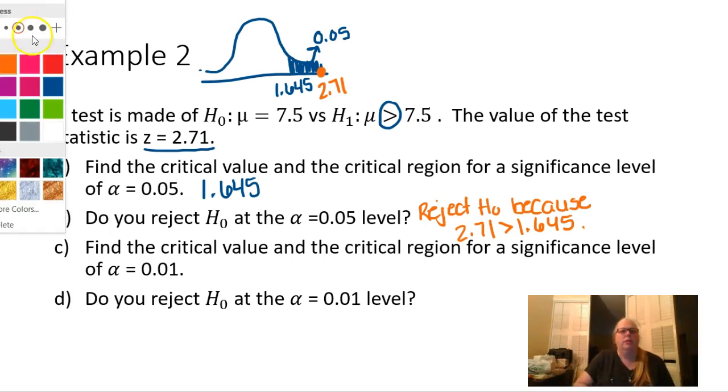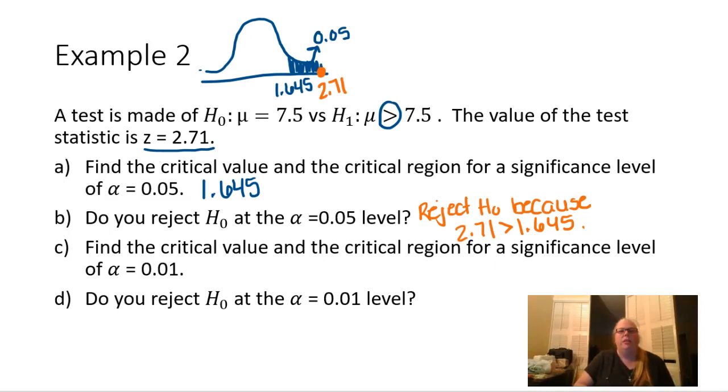All right, part C. Now we want to find the critical value and the critical region when alpha is equal to 0.01. So once again, I'm going to sketch in my normal curve, and I am looking for this number right here. We're doing a right-tailed test, and I want this area to be 0.01.